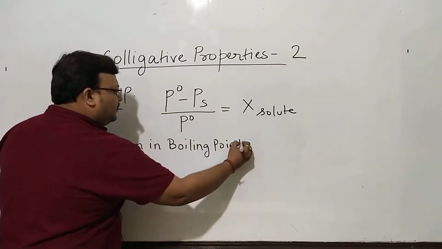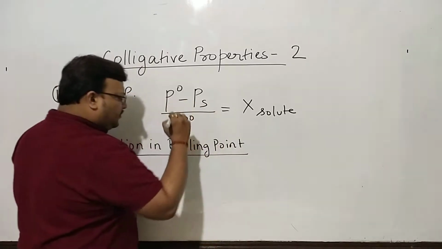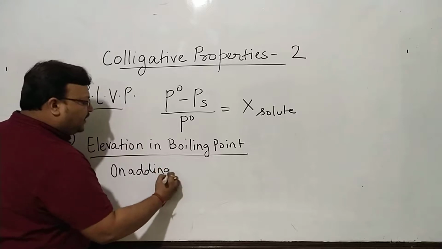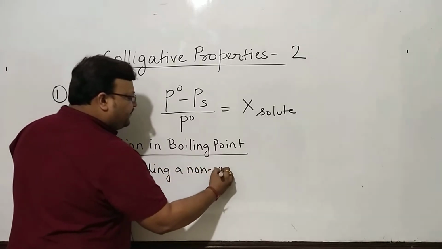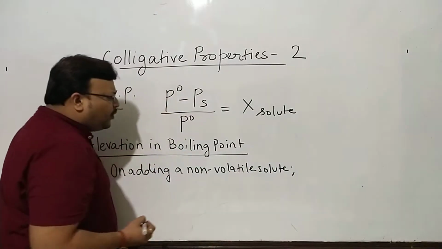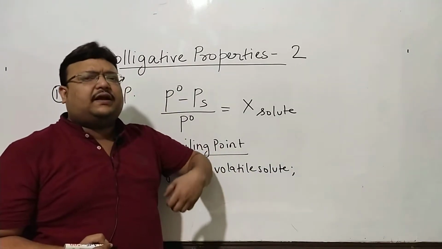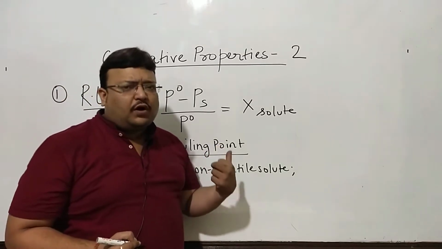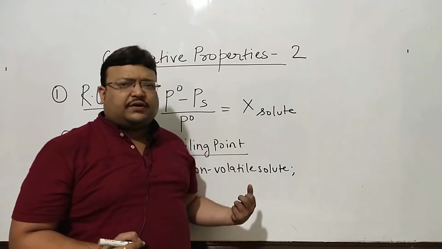And elevation in boiling point, which will be on adding a non-volatile solute, you see the boiling point of the solution will increase. You have known about this before class 11. We have been talking about this in the past.